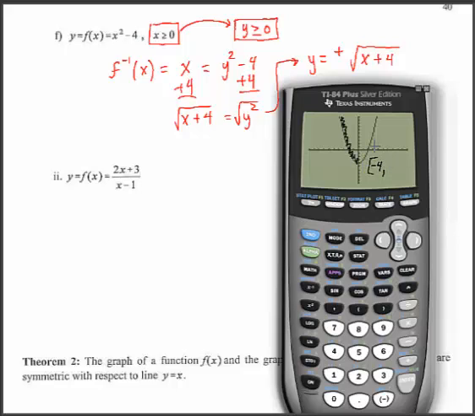And so the range of x squared minus 4 is negative 4 to infinity. What y values does this function cover? Well, this negative 4 to infinity now becomes the domain of f inverse. So the domain of f inverse equals negative 4 to infinity.